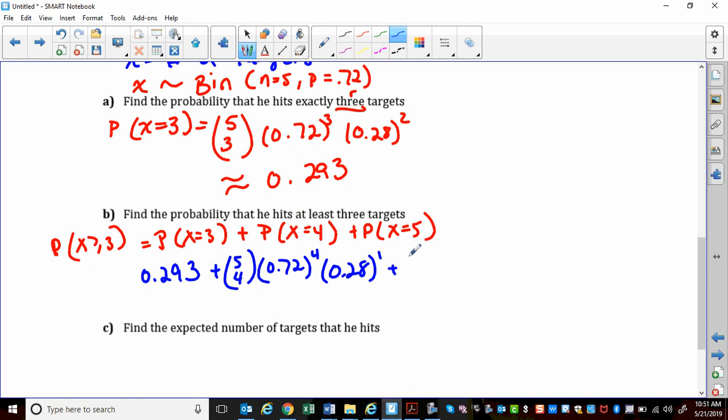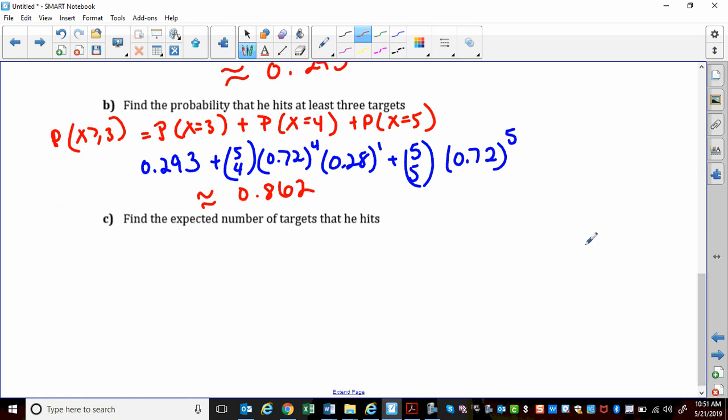Plus, the probability that he gets 5 is just 5 choose 5, which is 1, times, remember, 0.72 gets all of the powers, which is to the 5th power. Now, I would just use your calculator for these, add it to 0.293, and we get approximately 0.862. That's it.